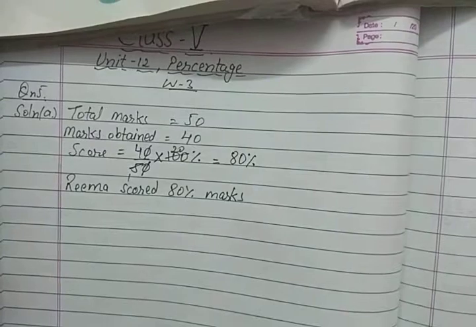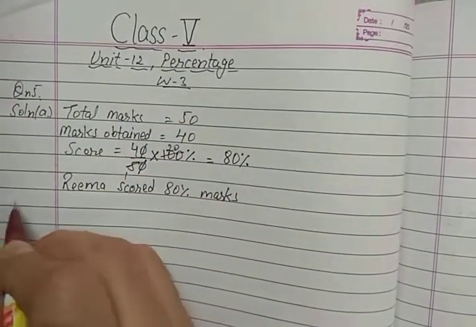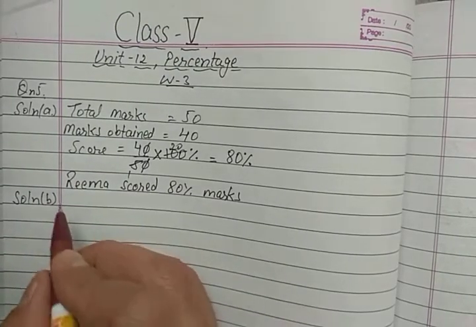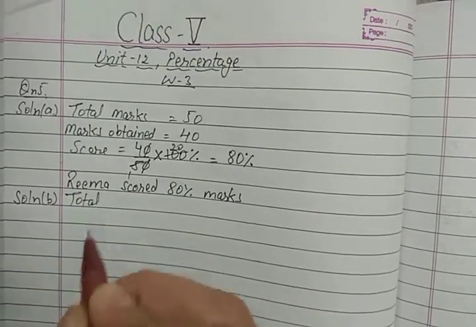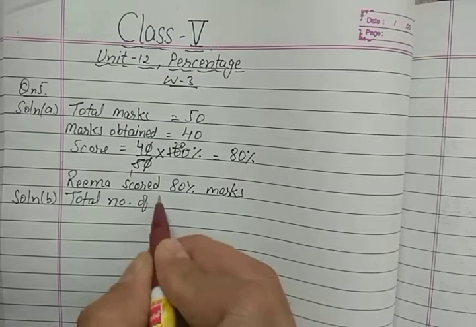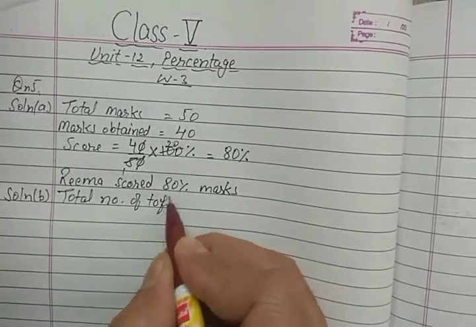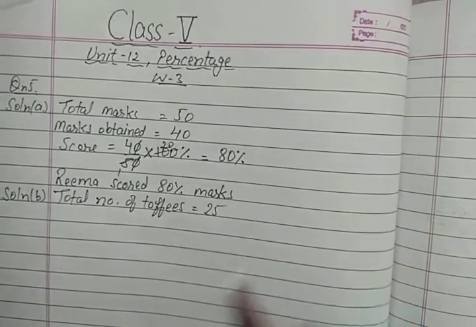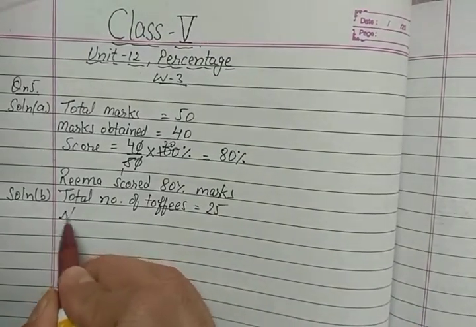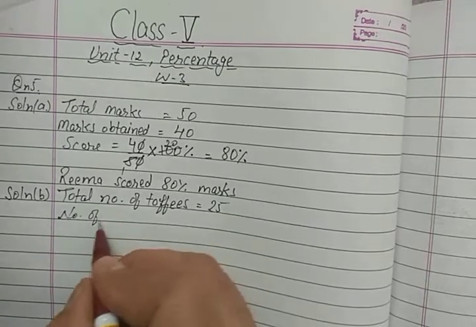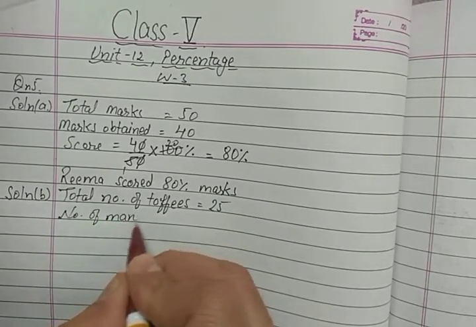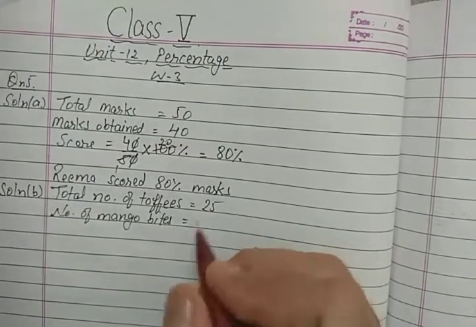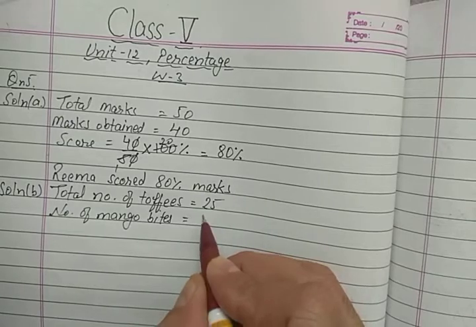So first of all, write down what is given. Total number of toffees, that is 25, and number of mango bites. So how many mango bites are there? 3.